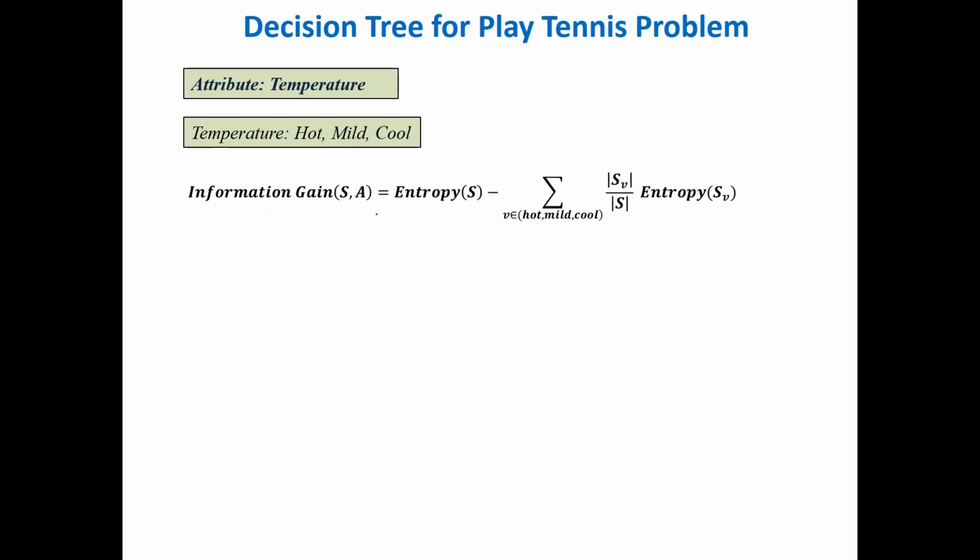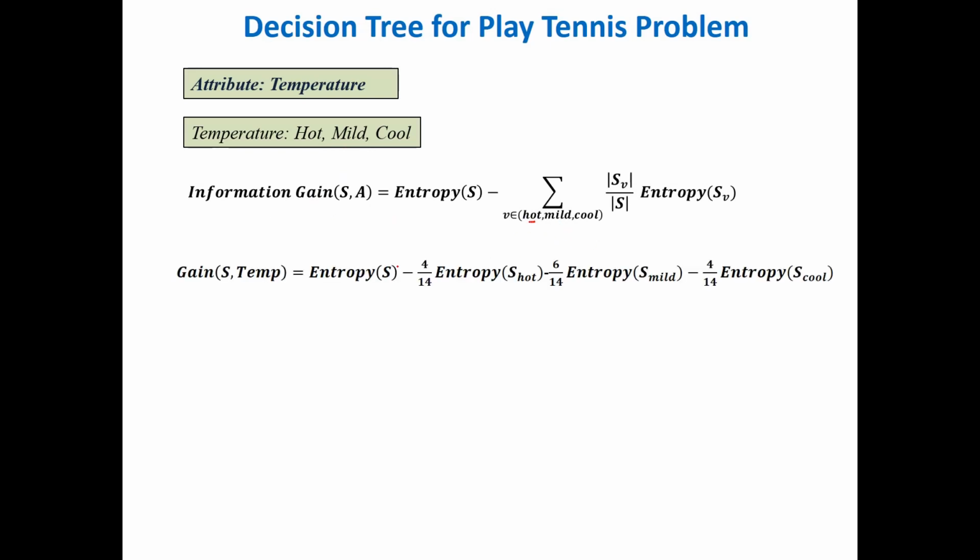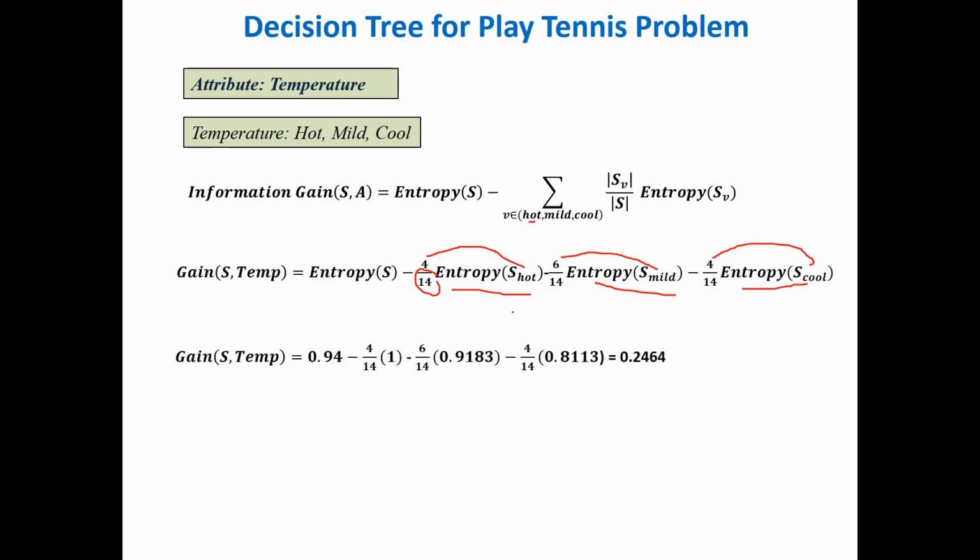Now the next task is to find the information gain of this temperature variable for these three values, hot, mild and cool, with the same formula. Out of the 14 total examples, 4 are hot, 6 are mild and 4 are cool, and with that we will use the entropy of hot, mild and cool. So we put in the values: S hot is 1, S mild is 0.9183 and S cool is 0.8113.